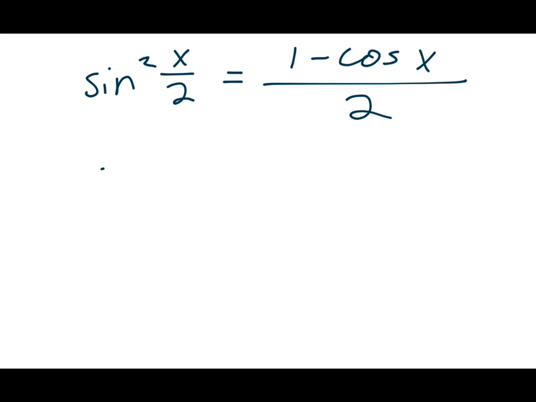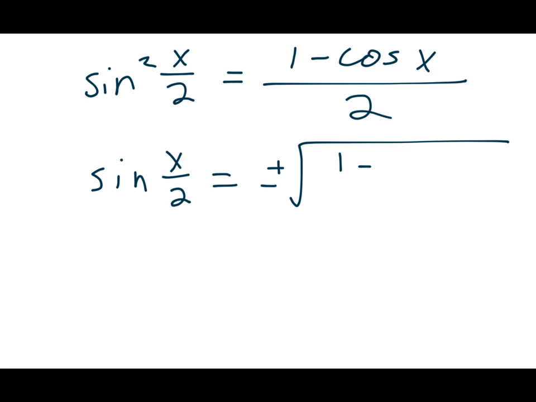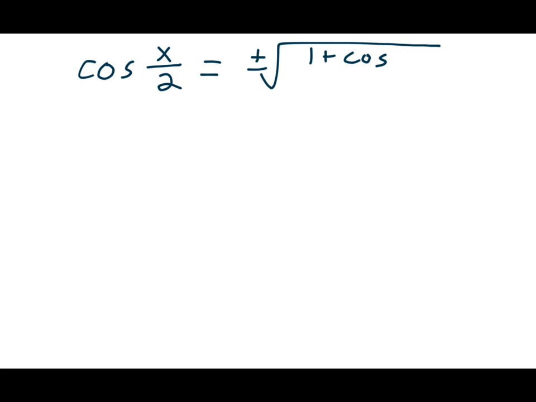To make it sine of x over 2, which is what we're shooting for, we just take the square root, and we always need to take plus or minus the square root of that. So that's my half angle formula. If you do it in a similar manner, using the cosine double angle, you'll get the cosine half angle, and it gives you plus or minus the square root of 1 plus cosine of x all over 2.